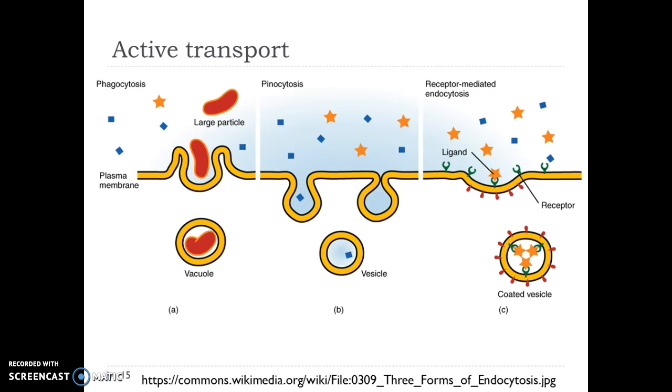So, under active transport also you have a division like phagocytosis, pinocytosis and receptor-mediated endocytosis. Phagocytosis tells you that it is solid substances. So, anything which is solid has to enter, like how amoeba helps in phagocytosis, or amoeba takes anything in the form of phagocytosis.